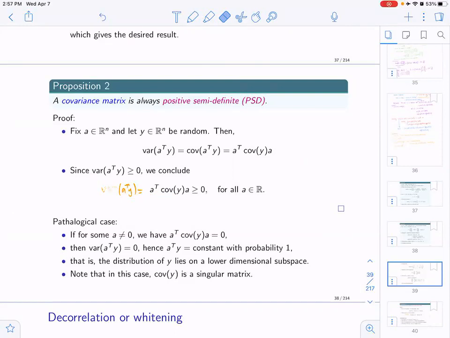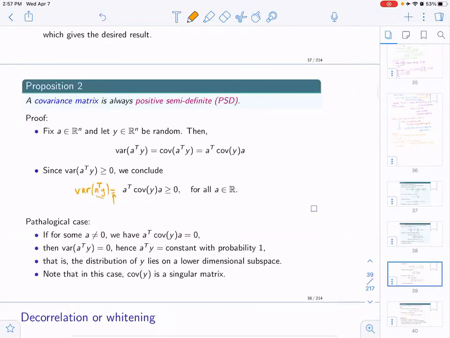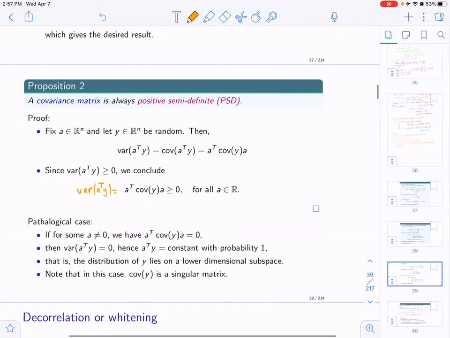Variance can never be negative. Great. Variance is always non-negative, or another way of saying it is never negative. And so it just follows from the non-negativity of the variance. So combining lemma 3 with the fact that the variance of any random variable, and this is a random variable, a linear combination of random variables, has a variance, and the variance is always non-negative, and the variance turns out to be this quantity.